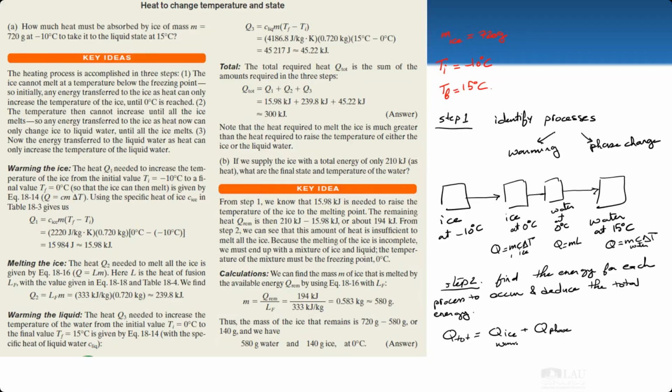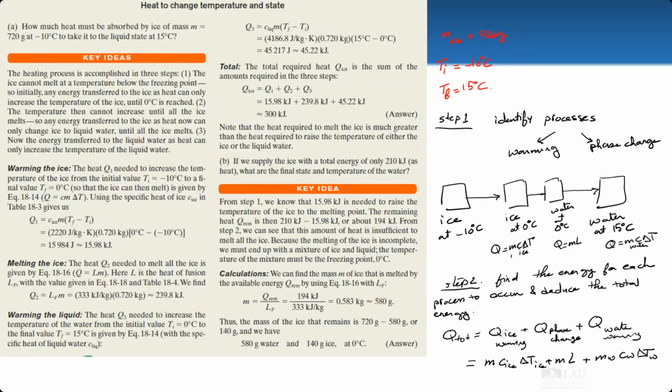So here ice warming, that's process 1, plus Q of the phase change, plus Q of water warming. So these are the 3 processes I have drawn in my figure. This will be M, C of ice, delta T of ice, plus ML, plus M of the water, C of the water, delta T of the water.